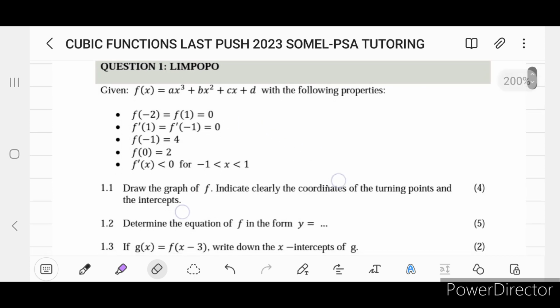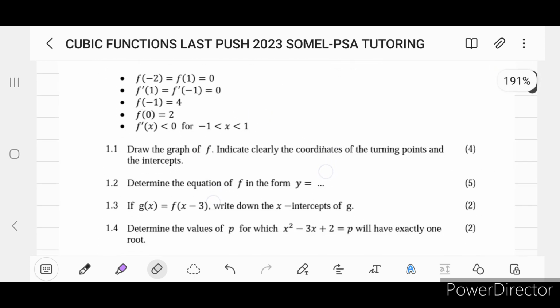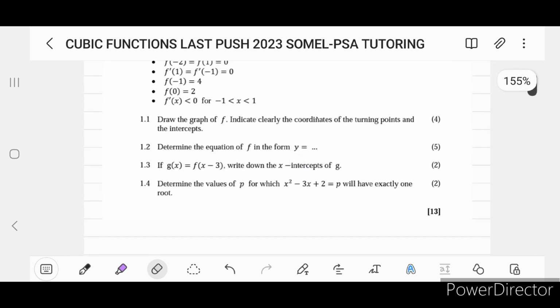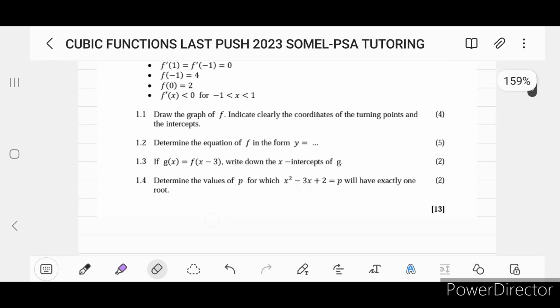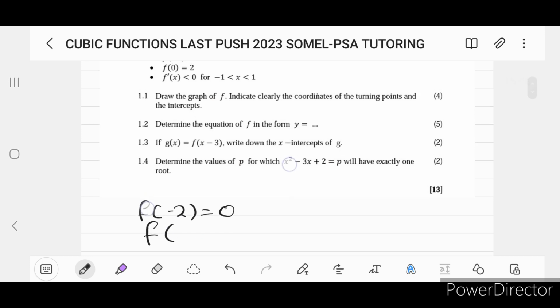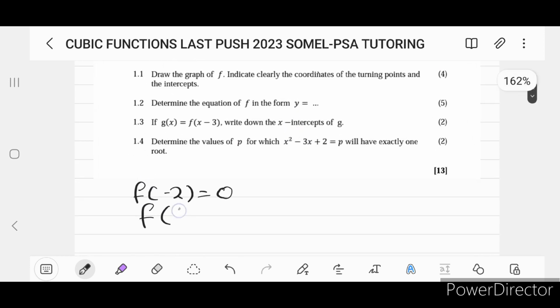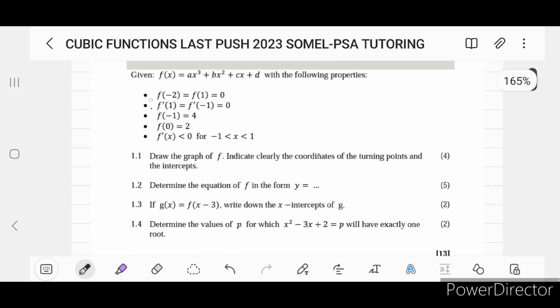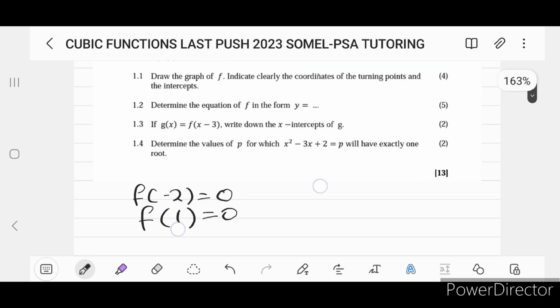Okay, so the first thing that I know is that if I'm told, for instance, that f of -2 is equal to 0, and f of 1 is also equal to 0, because this is the statement that I'm told. f of -2 and f of 1 is equal to 0.